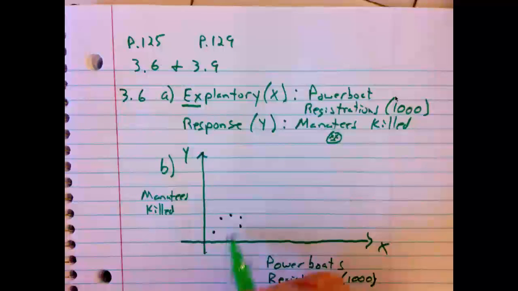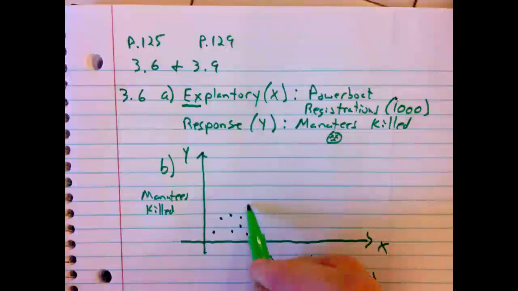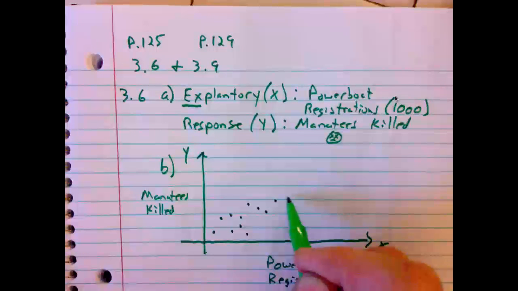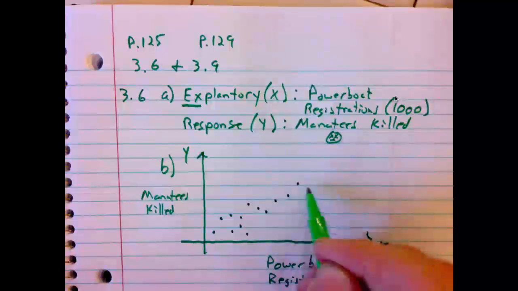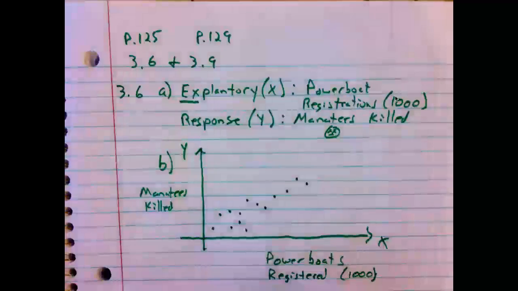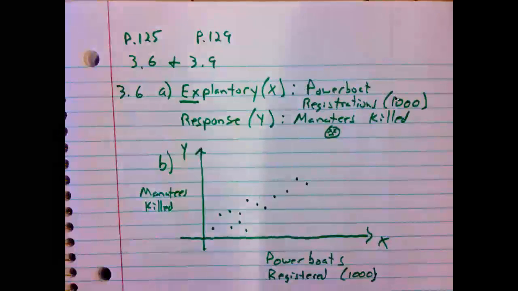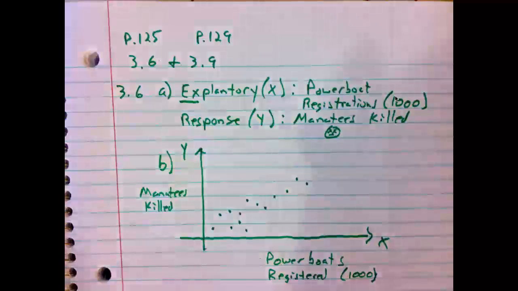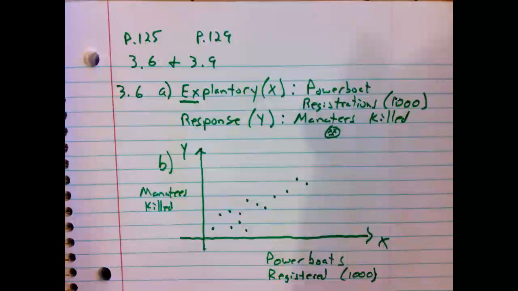I'm giving a rough sketch of our scatter plot. We could put some numbers down here to give a slightly more accurate representation. But right now, all we're interested in is the general pattern that is formed by our points. The question in B part, after saying make the scatter plot, says, what does the scatter plot show about the relationship between these variables?